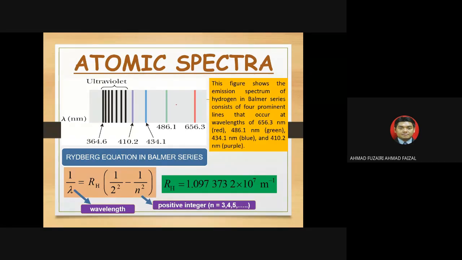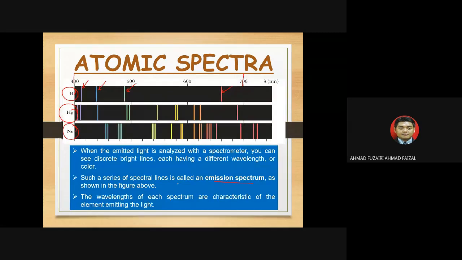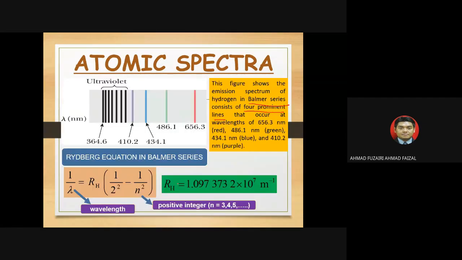He introduced the Balmer series, named after him. What is the Balmer series? It consists of prominent lines that occur at certain wavelengths. Each color that we see in the emission spectrum, this is the whole thing.